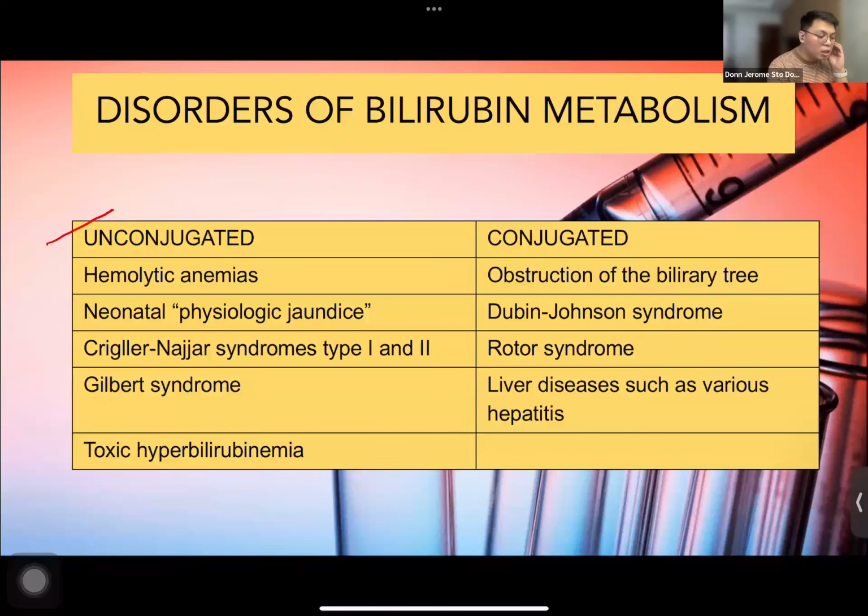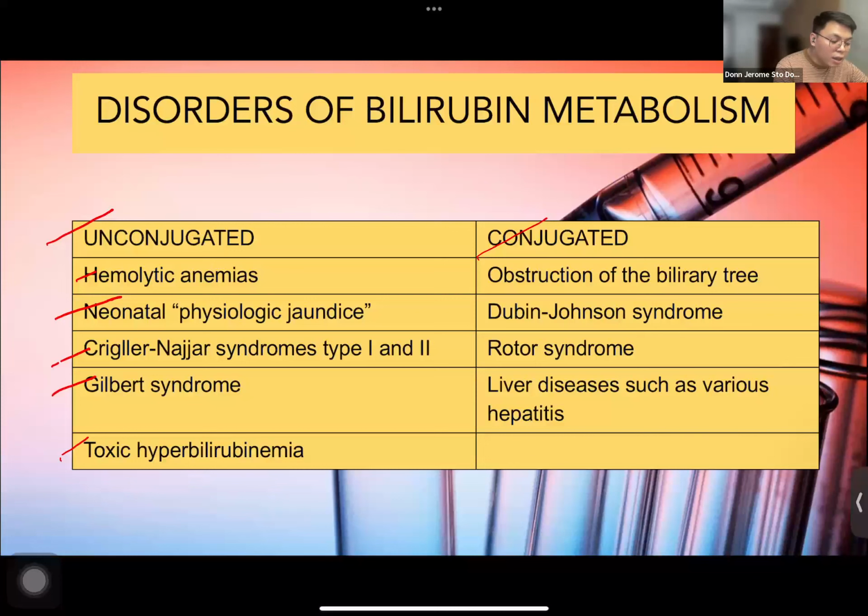So we can also categorize hyperbilirubinemia as unconjugated or conjugated. Ayaw niyong gamitin yung prehepatic and post-hepatic, pwede rin conjugated, unconjugated. Hemolytic anemia, sabi naman na natin, pag maraming RBC ang na-hemolyze, you'll have more bilirubin that the liver cannot conjugate. So you'll have unconjugated hyperbilirubinemia: physiologic jaundice, Crigler-Najjar and Gilbert syndrome, problems in UDP glucuronyl transferase, and toxic hyperbilirubinemia.